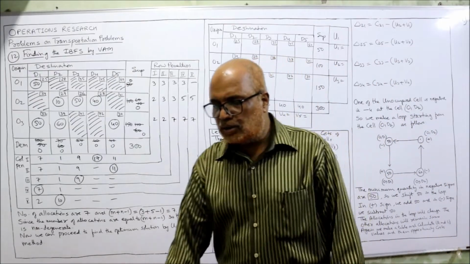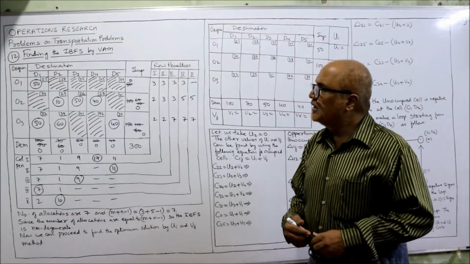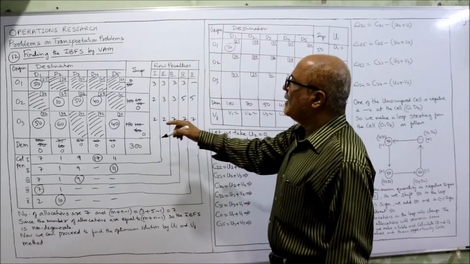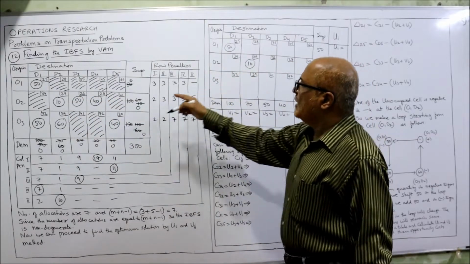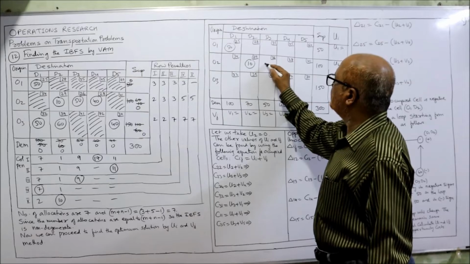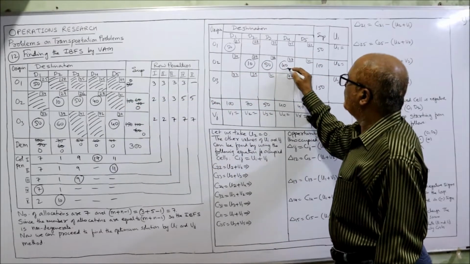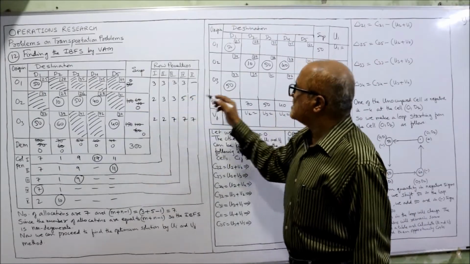Now we copy down the allocations which we got in IBFS. The allocations are 50, so I am writing 50 here. Next allocation 10, so write 10 here. Next allocation 50. Next here 40. Next 50. Next 60.